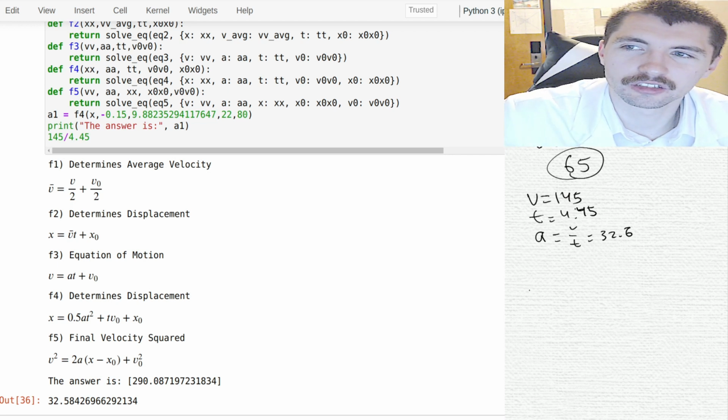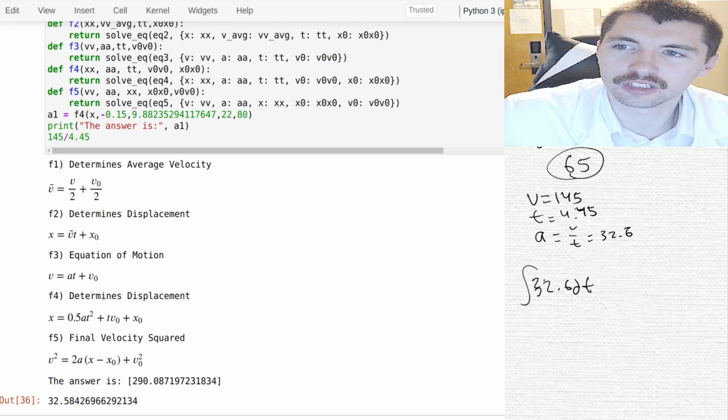I guess acceleration could be constant. I mean, you could have 32.6. If you integrate that, then you get 32.6 T V.